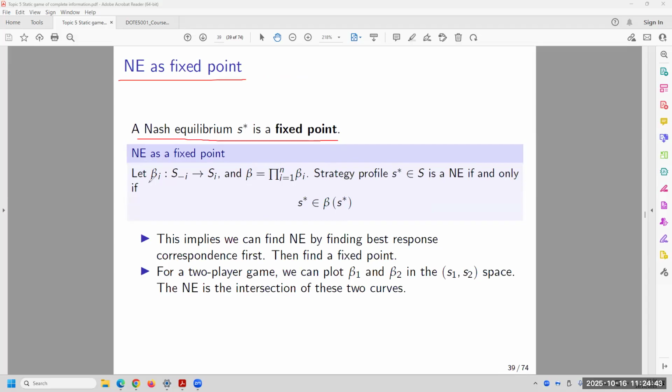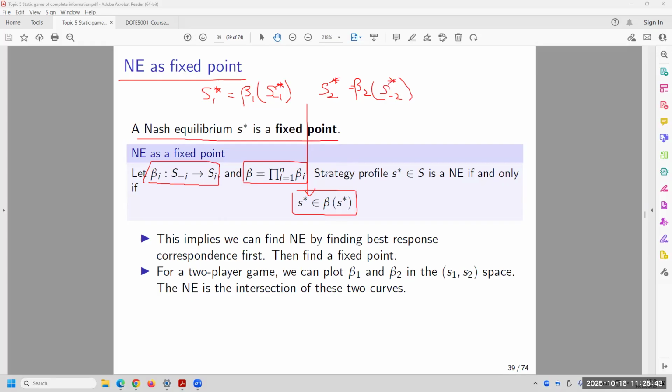If you collect the best response for each player together, we can write it this way: s_1 star is beta_1 of s_minus_1 star, and s_2 star is beta_2 of s_minus_2 star. It's the same thing, just written more abstractly: you give me a strategy profile, I go through the best response correspondence for everyone, and you get back what we started with.